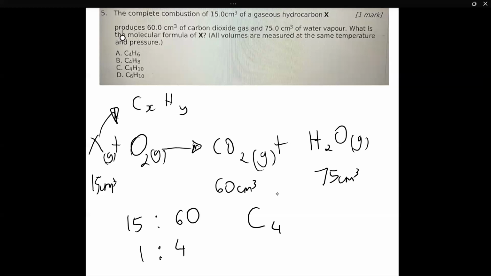And again, we know that all the hydrogens which are present in this water molecule are coming from the hydrocarbon, because no other reactant other than the hydrocarbon contains hydrogens, right? Only the hydrocarbon has hydrogens. So all the hydrogens that you see in this water are directly coming from the hydrocarbon. And we've been told that 75 centimeters cubed of water is being produced.